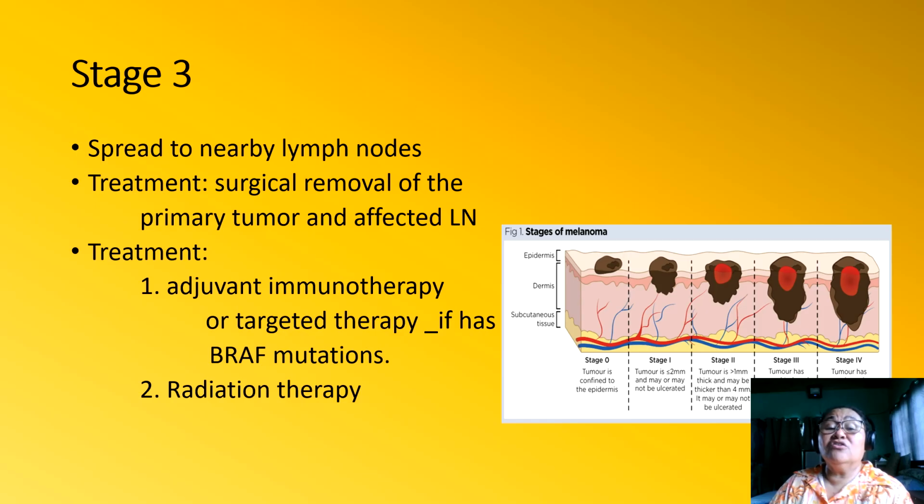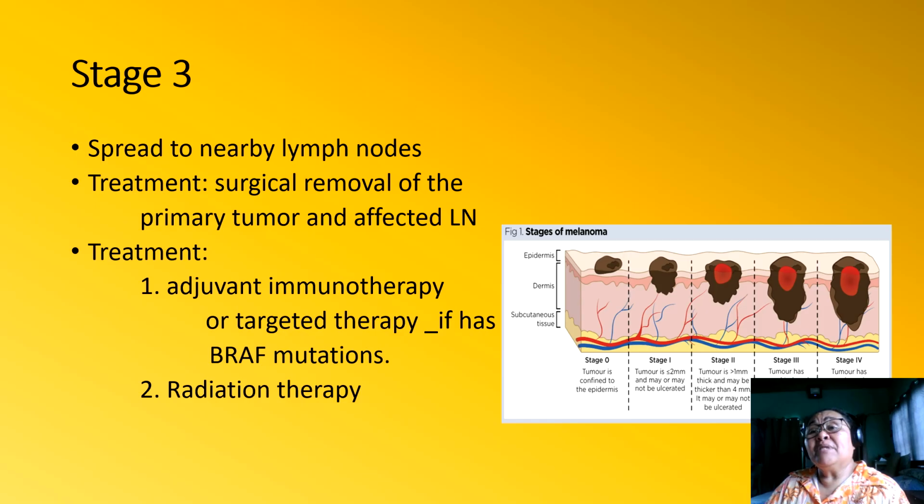So let's move on to stage three, which is already a regional melanoma. The melanoma has spread to nearby lymph nodes or to satellite lesions near the original tumor. The original tumor, we call this your primary tumor.